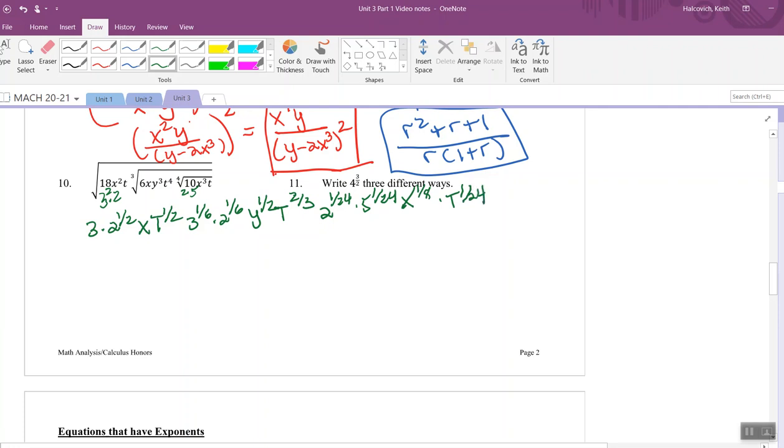So then combining, we get 2 to the 1/24th and 2 to the 1/2. So 12 plus 1 is 13 24ths. 3, 24 plus 4 is 28. 28 24ths is the same as 7/6.